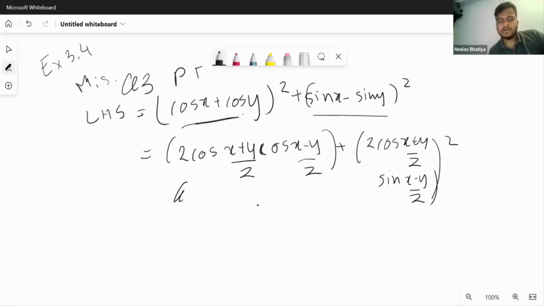The whole square. Makes sense? Now it will help us if we square these two terms up, and let's see where that gets us.